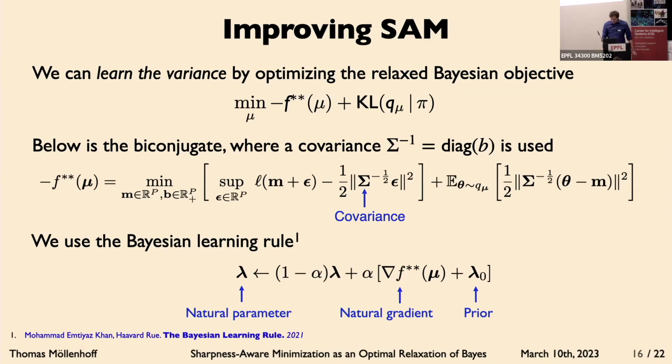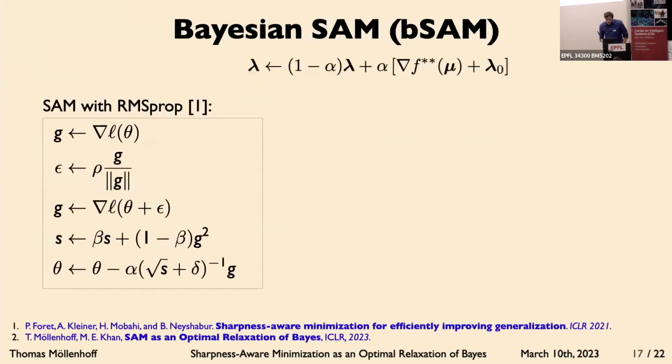To arrive at a practical algorithm, we do some approximations. On the left here, I show what people do in practice in deep learning, what's proposed in the Sharpness-Aware Minimization paper. They have, for example, this RMSprop optimizer. The only difference to normal gradient descent is that you don't evaluate your gradient at theta, but at a perturbed point.